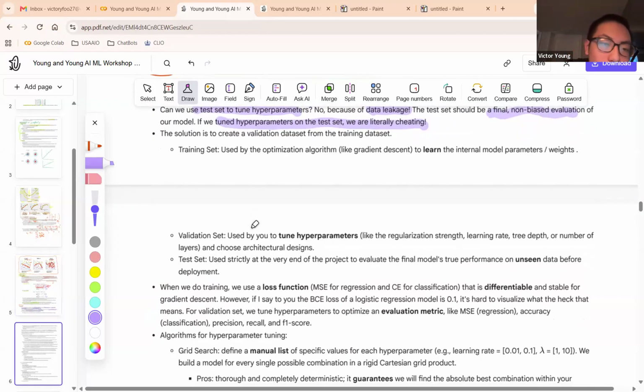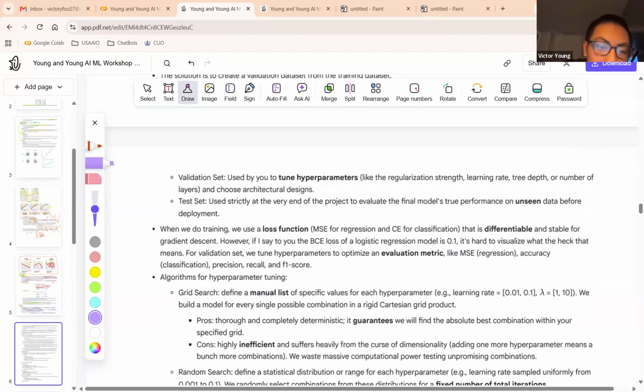Okay, so here's a little summary. For the training set, it is strictly for optimization. It is strictly for optimizing our parameters to learn the internal parameters. For the test set, it is strictly used at the very end to just evaluate on unseen data. So we need to create a validation set to tune hyperparameters.